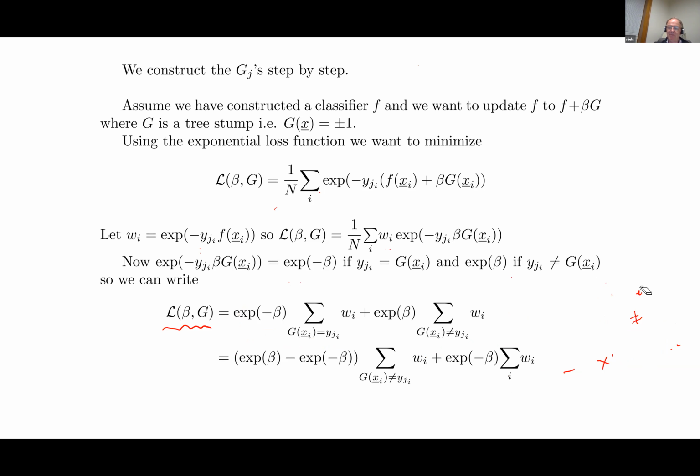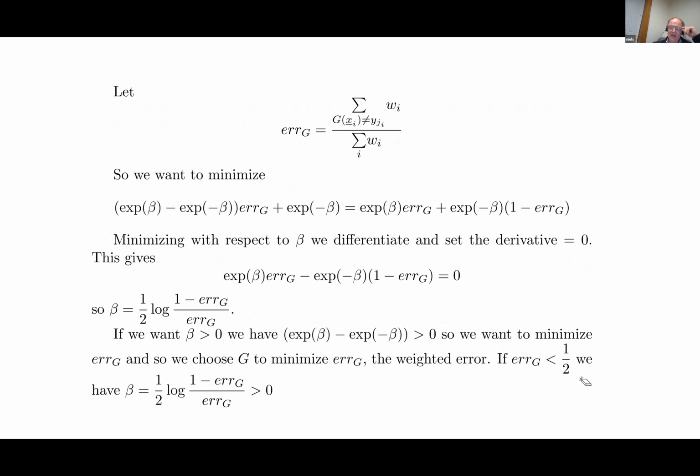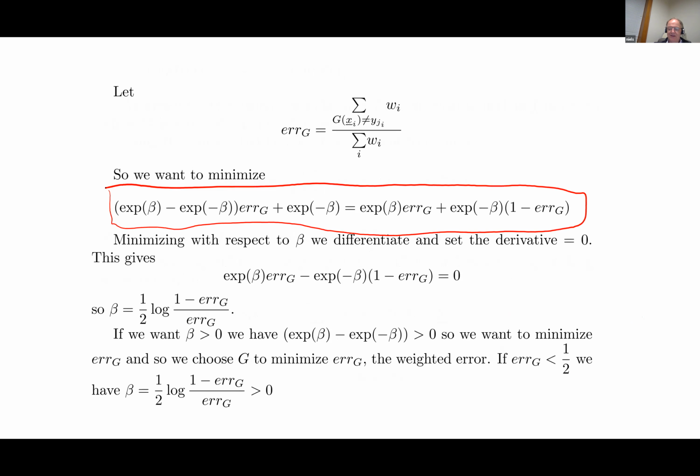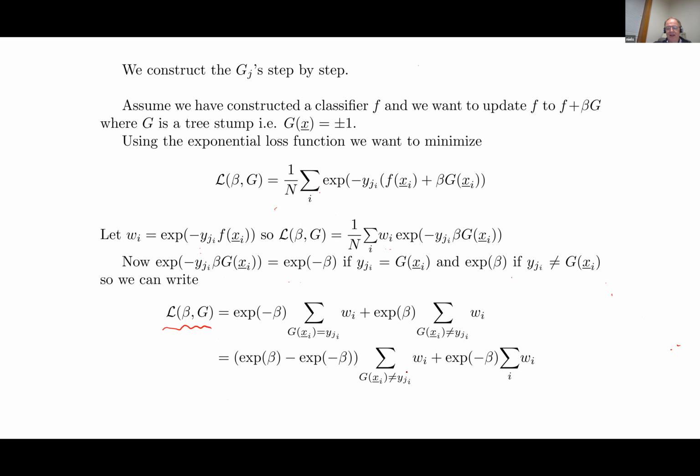Of course, we want to find beta here, right? That's what we need. So let's again take the weighted error. So again, that's the sum over all the weights of the xi's that are misclassified divided by the sum of all the weights. And what I want to do is to minimize this expression here, right? I'm simply taking this expression and dividing it by the sum of all the weights.